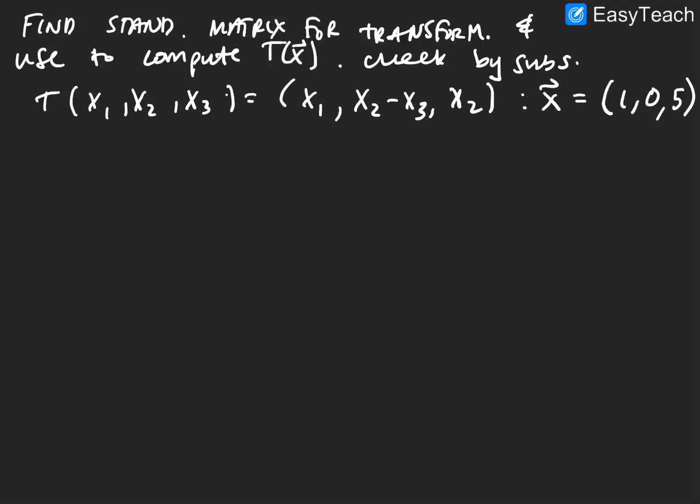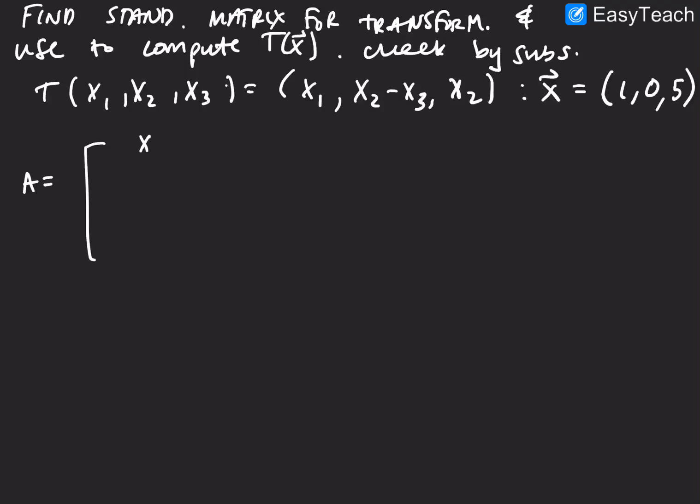Okay, let's take a look at another problem where it says to find the standard matrix for the transformation, use it to compute T of this x vector, and then check by substituting. So what we're going to do is construct our matrix, and this will be my x1 column, my x2 column, and my x3 column. So if I look at this here, in my first row, for x1 I have 1, and for x2 and x3 I have nothing.